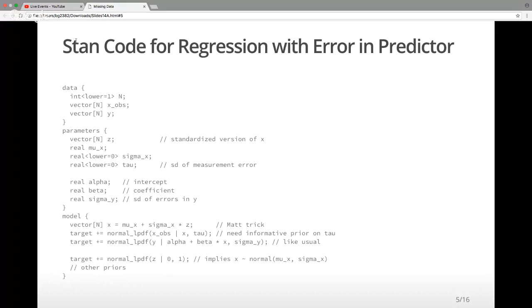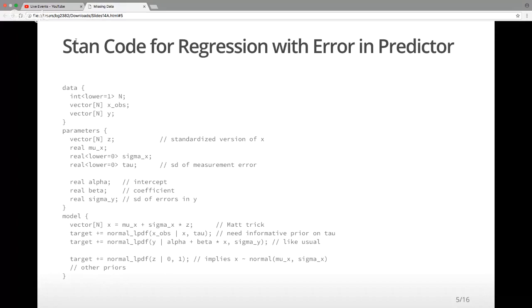Then the only additional line that I really need in my model block is now I'm defining the distribution that I'm drawing from with this additional contribution based on a normal distribution, or I could have used t or anything else.